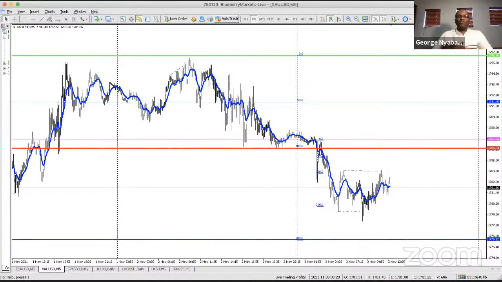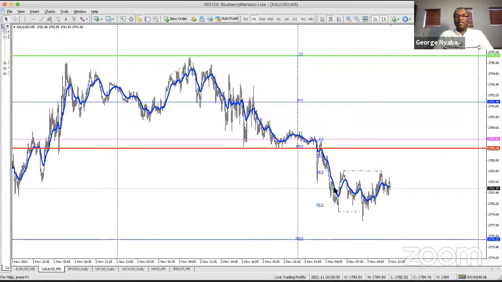The more you get exposed to it, the easier it becomes. So there is the high of yesterday, low of yesterday, potential measured move. Ignore that chime. Someone will pick it up. So that's a potential measured move in terms of the extension of the range of yesterday.